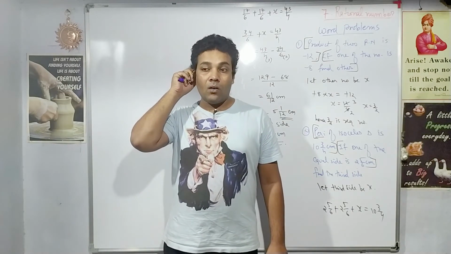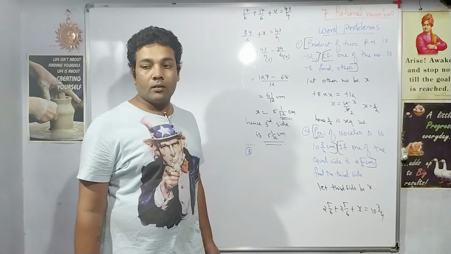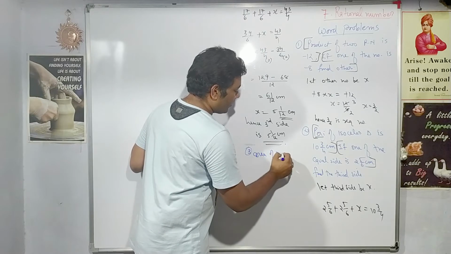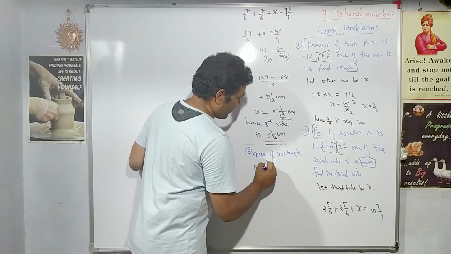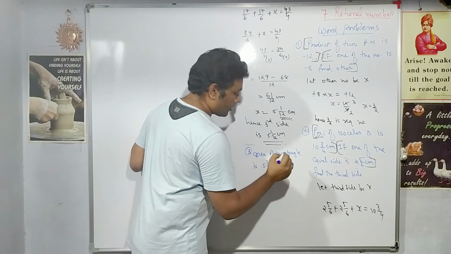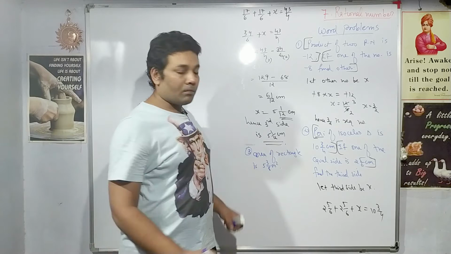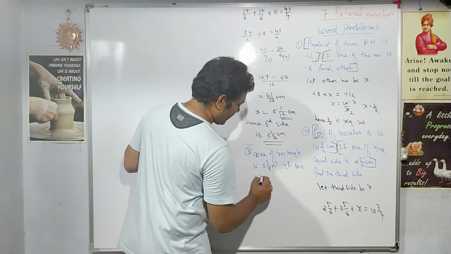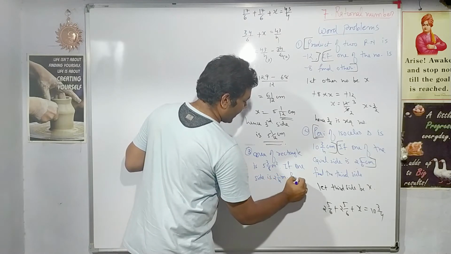Next, third question. The area of a rectangular tabletop is 5 integer 3 by 8 meter square. If one side is 2 integer 1 by 4 meter, find the other.